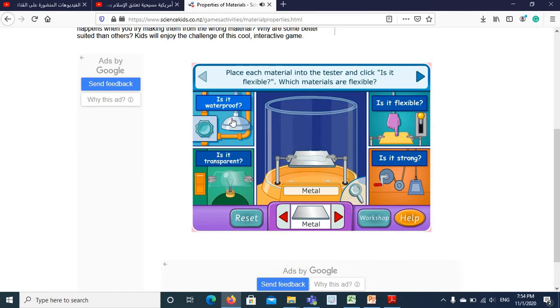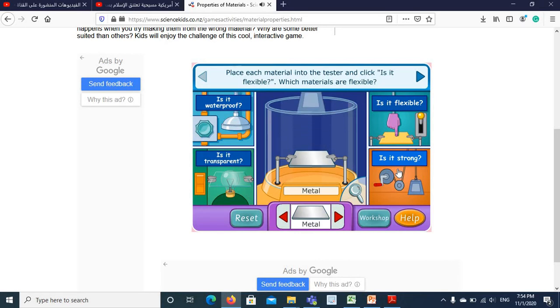It didn't absorb water. So, metal cannot absorb water or cannot soak up water. Okay, let's see if it's flexible or not. It's not flexible. Interesting. Let's see if it's strong or not.